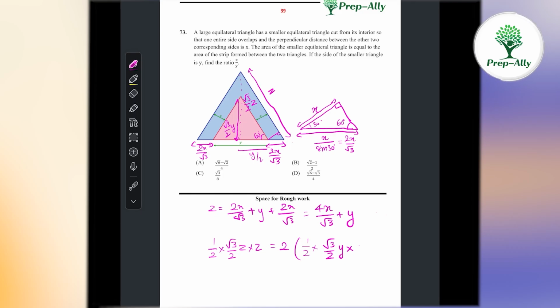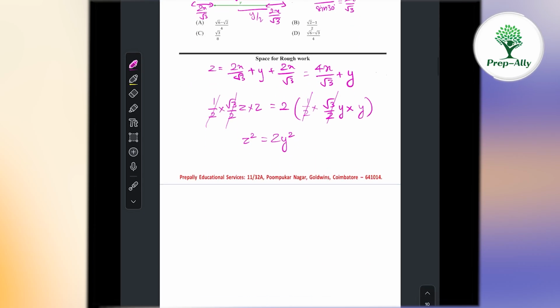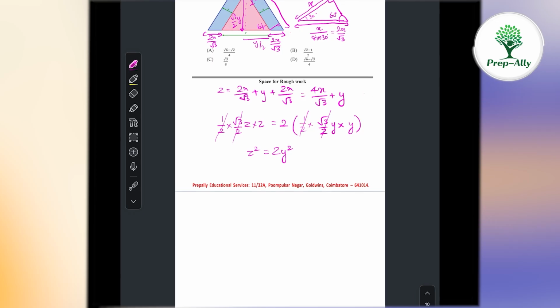Yeah, z is the base. Root 3 by 2 times y times y, right? So we can cancel this out. So we have z squared equals 2y squared, right? And we know what the value of z is, that is 4x by root 3 plus y, the whole square is equal to 2y squared.